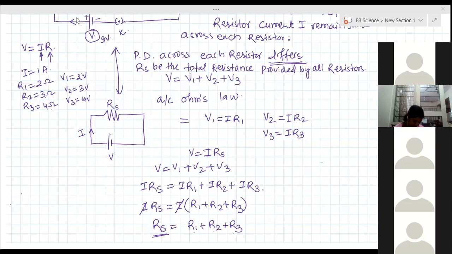Completed? Yes, ma'am. Ma'am, area of cross section is usually represented by capital A. Okay, so I got confused. Done, ma'am.